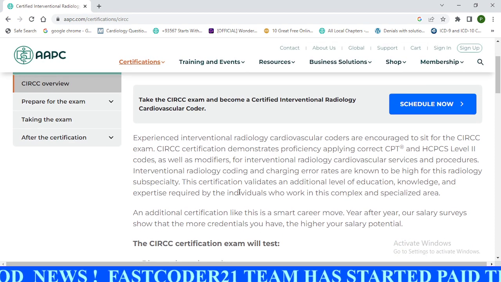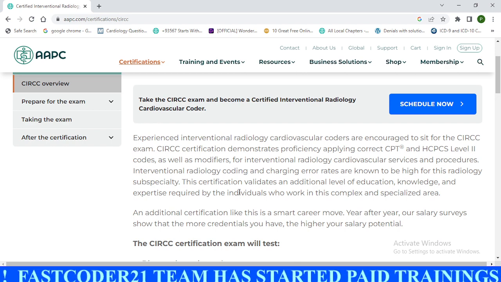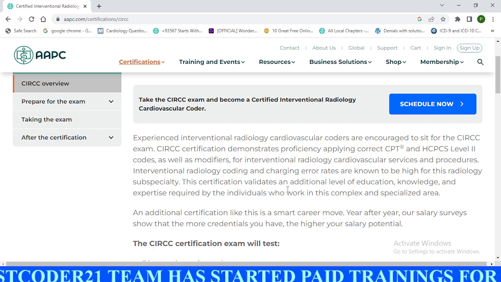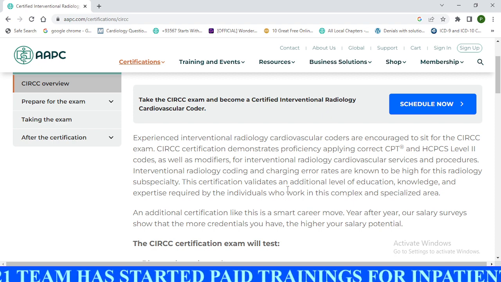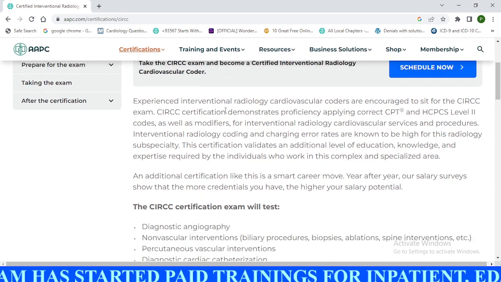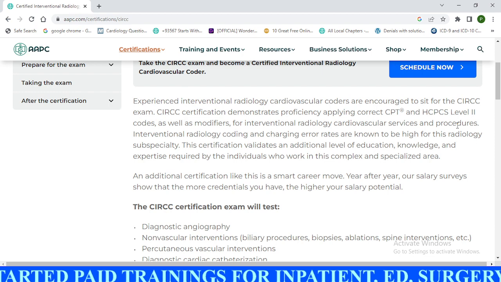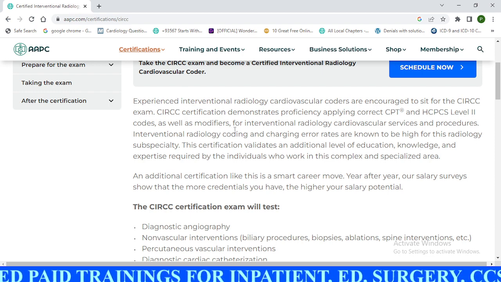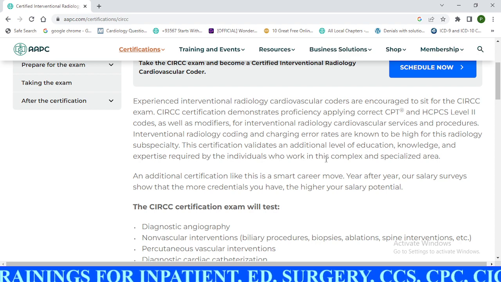It is a very complex certification. Only people who have experience in IVR or cardiovascular coding can write this certification. The CIRCC certification demonstrates proficiency in applying correct CPT and HCPCS Level 2 codes as well as modifiers for interventional radiology, cardiovascular services and procedures.